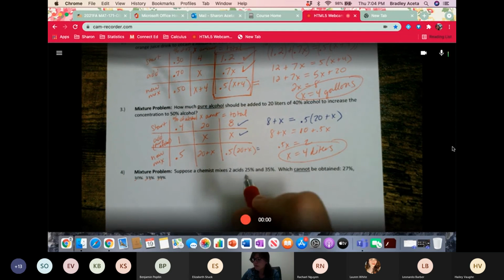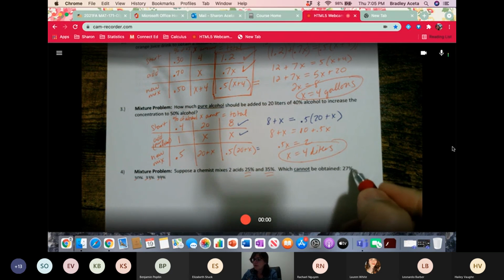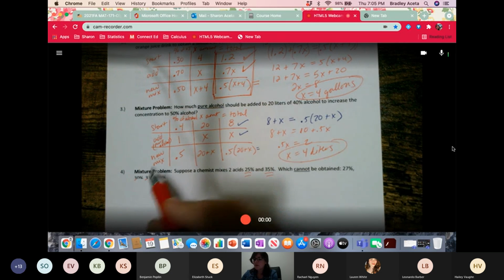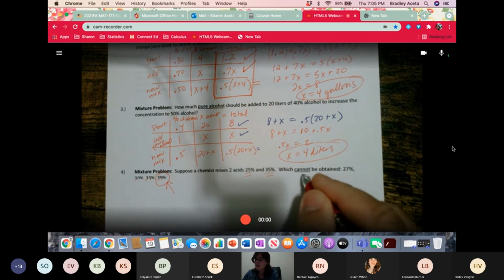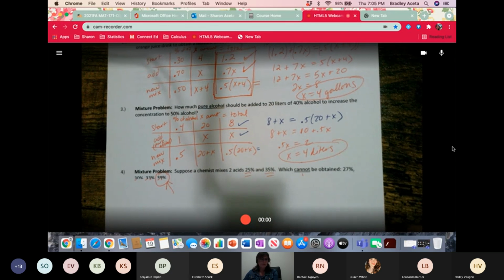Well, when you're mixing a 25% and a 35%, you're never, ever, ever going to get greater than what you have here. So right away, you could have a 27, you could have a 30, you could have a 33, but you cannot have the 39. That one is the one that cannot be obtained. So I thought that was an interesting question they asked, and I wanted to make sure I did one like it.